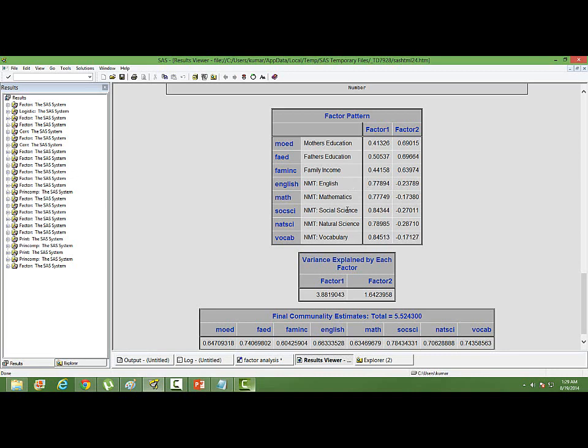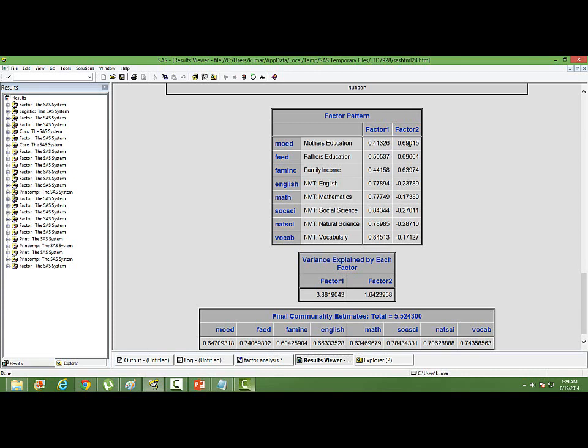So English, mathematics, social science, natural science and vocabulary scores are all related among themselves, and they belong to component 1. Whereas family income, father's education and mother's education are related to component 2. The best thing to do is to copy all these values and take them to Excel.